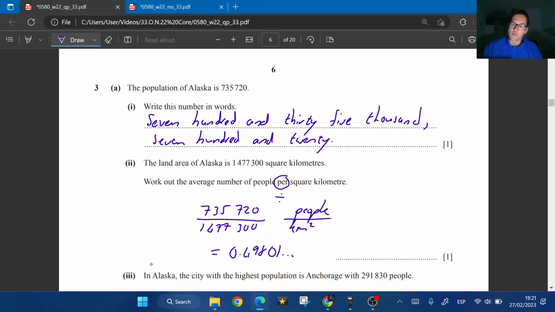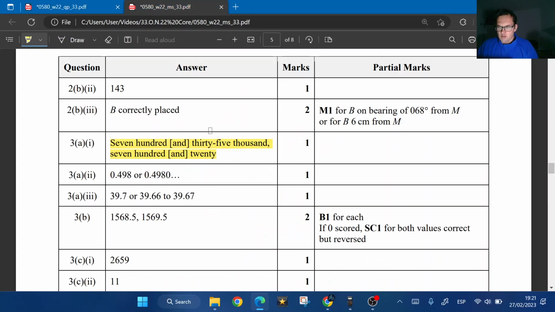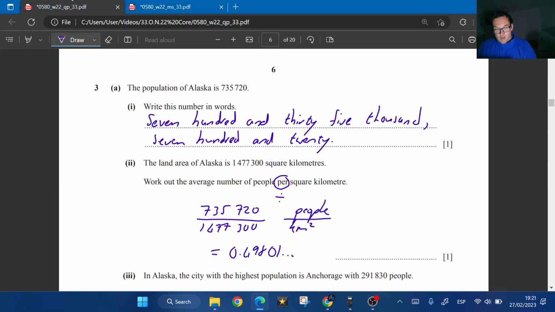For every square kilometer, there's about half a person. Or if you're a person standing in Alaska, you will have about 2 square kilometers around you for yourself, if I understand that correctly. Okay, there it is, of course. If you're going to round it to 3 significant figures, 0.498. Just don't round it to anything less.